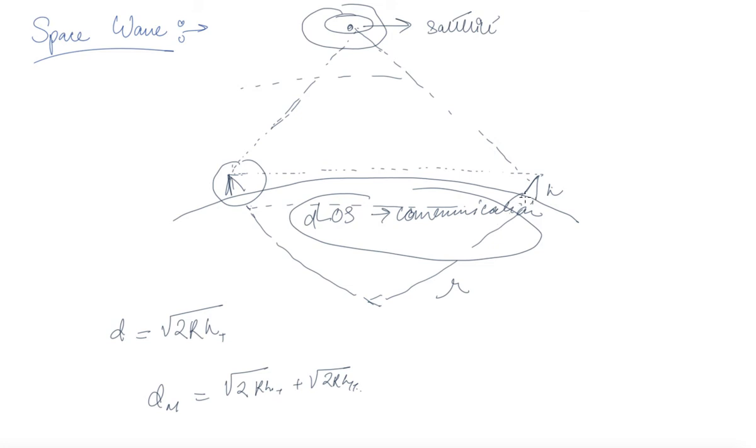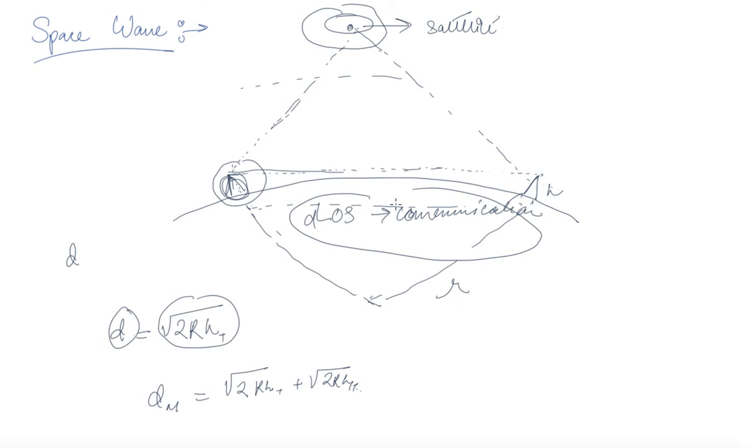Now we have established that h is the height of the antenna. Now we can show the distance to the horizon, dt. What is the distance to the horizon that we are looking into? Your dt is given by root over 2 r h, where r is the radius of the earth. By using this formula, we can straight away write. Now if you look at this, compared to the radius, this height is very small.